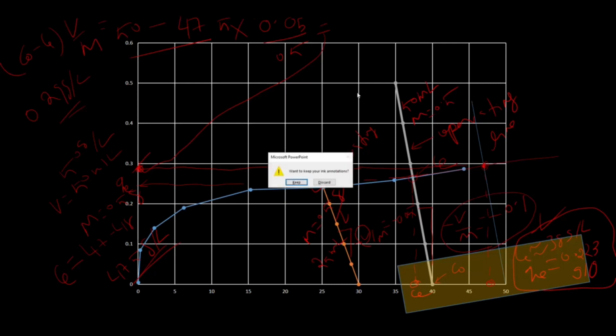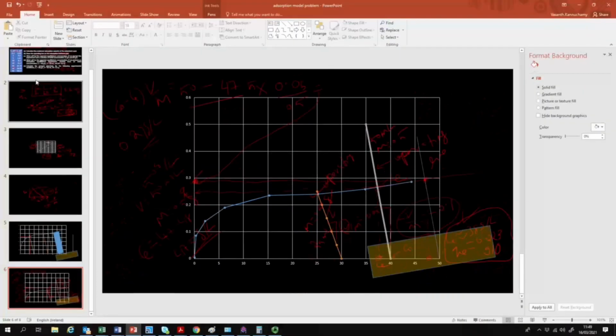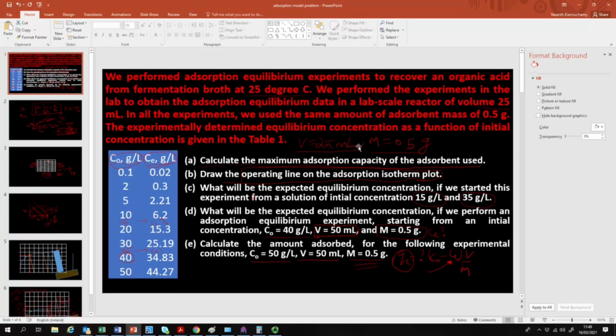Probably, if you go back to this problem, I will ask you to assume some volume. Instead of giving the volume 25 milliliter, mass 0.5 gram, I will just tell you to assume a suitable volume within the range, like 25 to 50 milliliter, or maybe 27 to 29 milliliter.